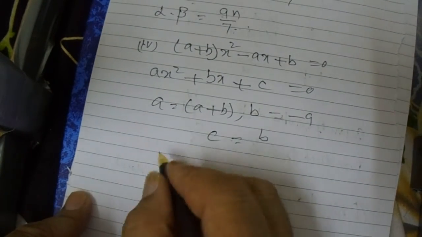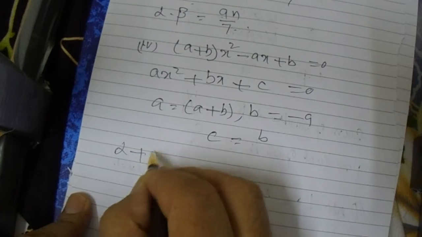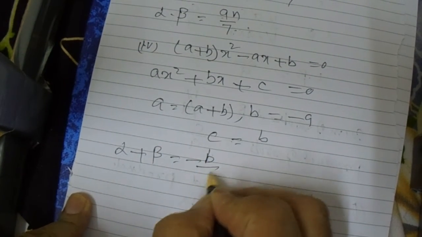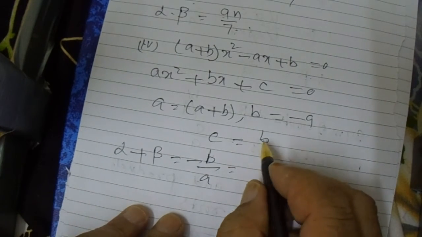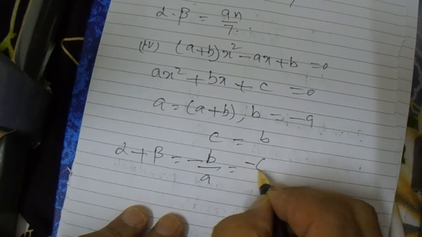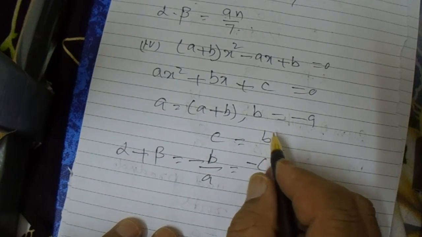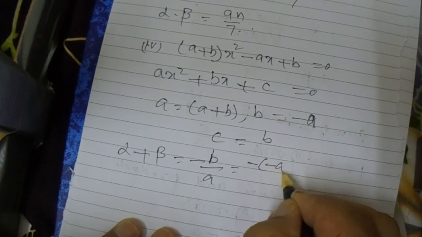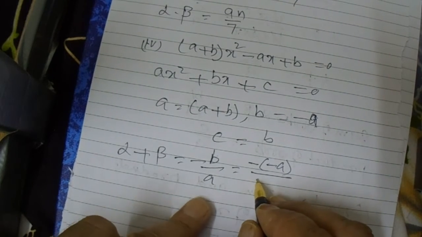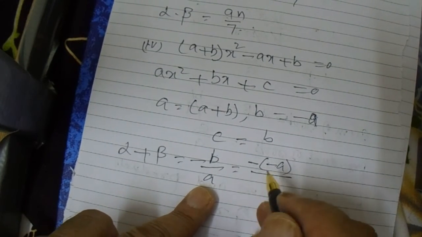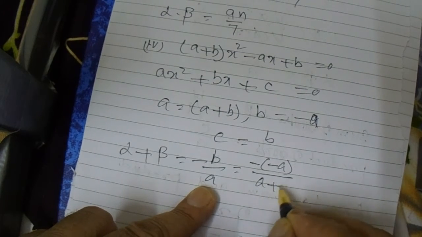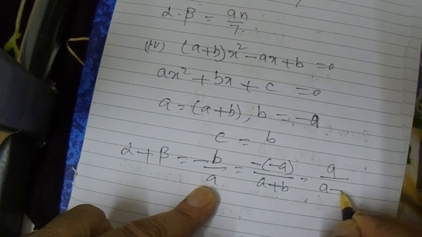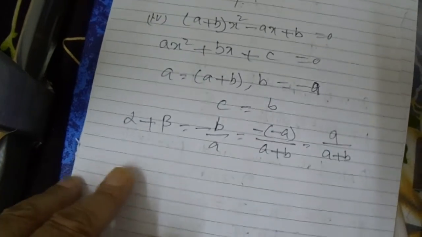Now the sum of the roots: alpha plus beta is equal to minus b over a. Minus into b, which is minus a, sorry, minus a, over a which is a plus b. We write minus minus plus, so a over a plus b. Now it is the sum of the roots.